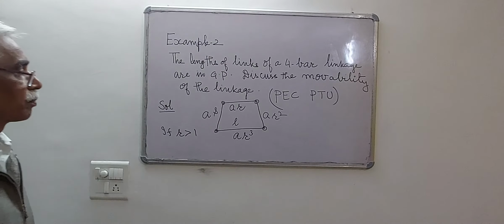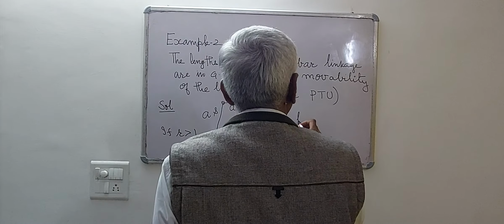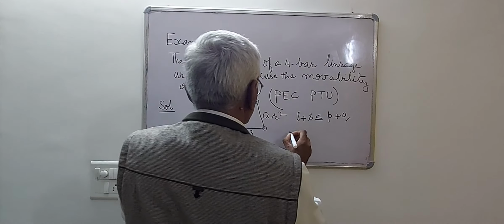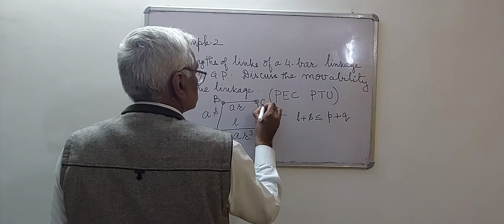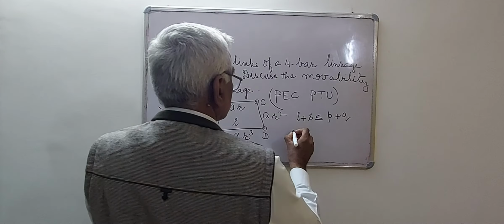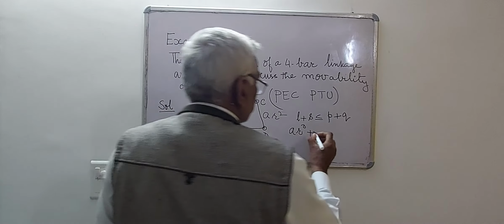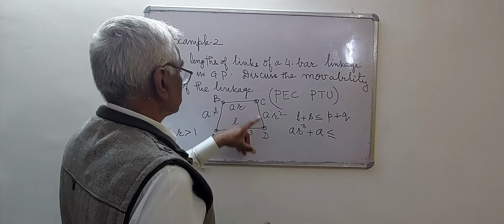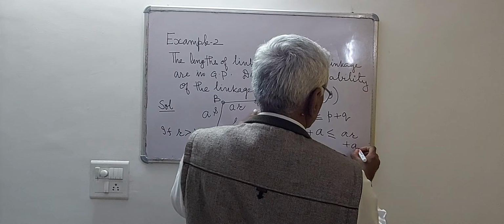According to Grashof criteria, L plus S is less than or equal to P plus Q. Let us write this is A, this is B, this is C, and this is D. AD is the longest link, that is AR cube, plus AB is the shortest link, that is A, is less than or equal to P plus Q, that is AR plus AR square.